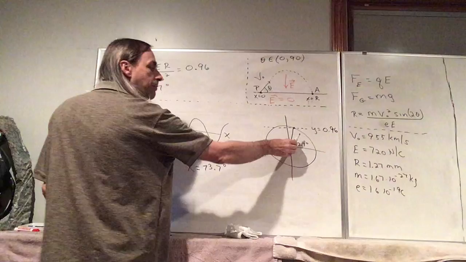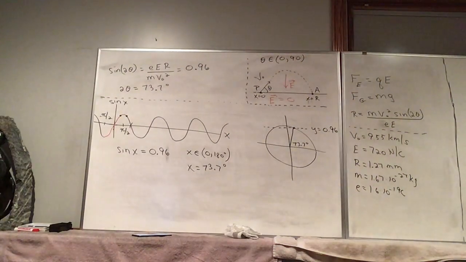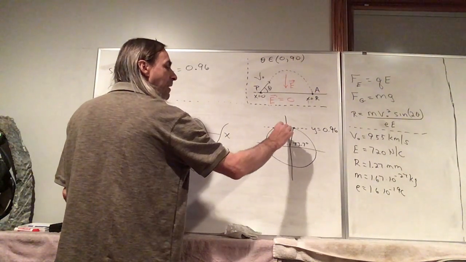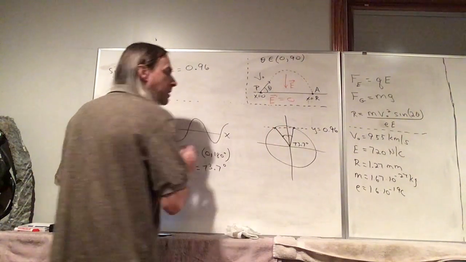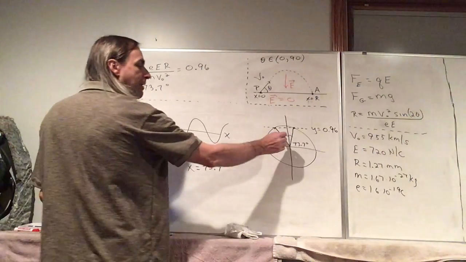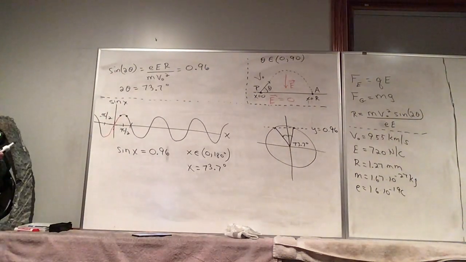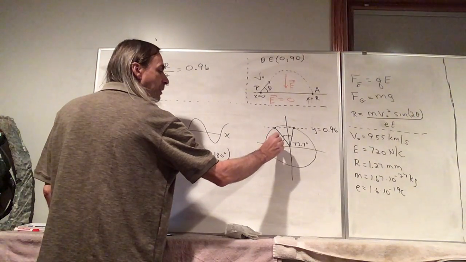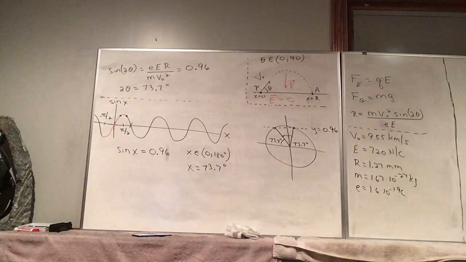And so again, this is a circle. It has perfect symmetry. So the next time, if we keep going around, the next time we're at that y value, this angle has to be equal to that angle. So we could say 180 minus 73.7. So yeah, like this angle is also 73.7 degrees. Just look at the magnitude of the angle.